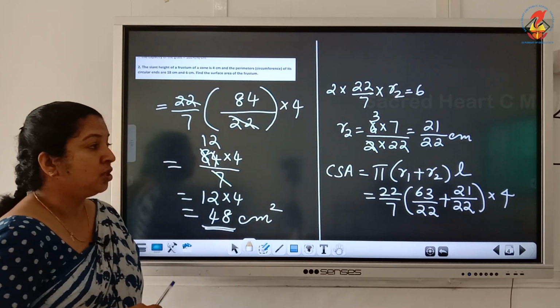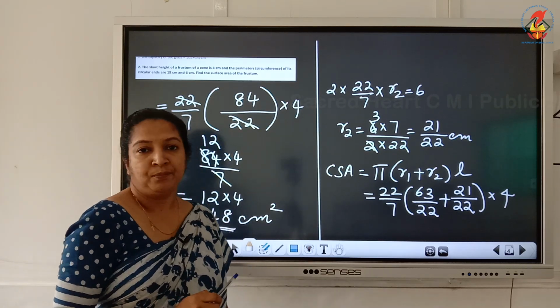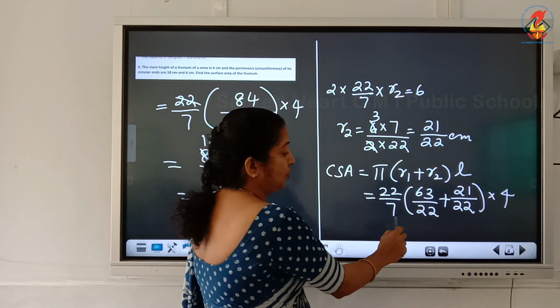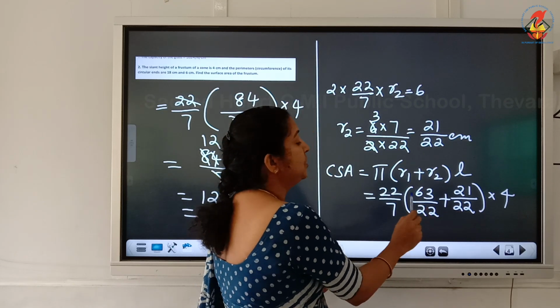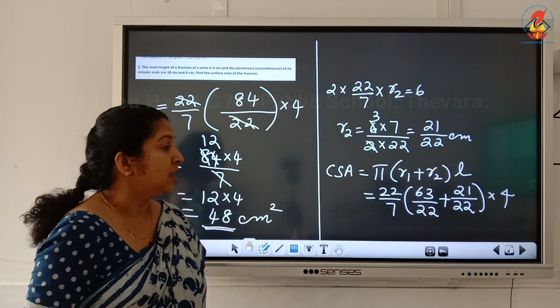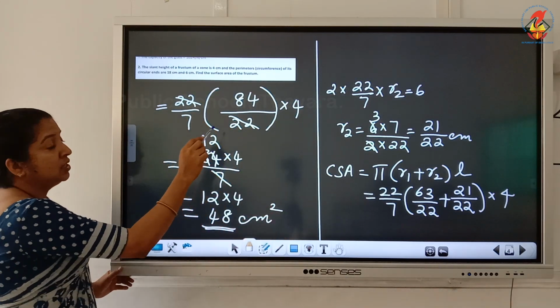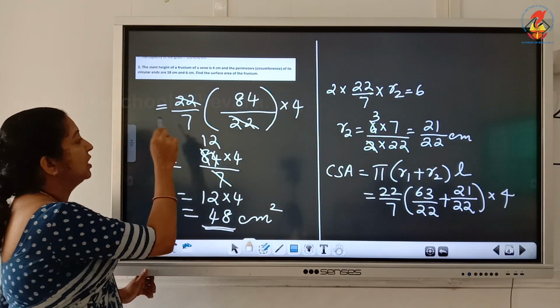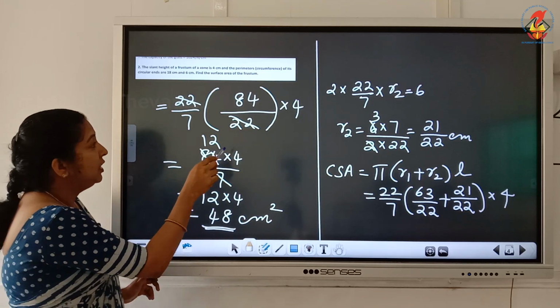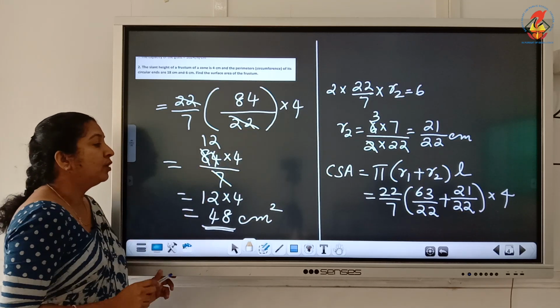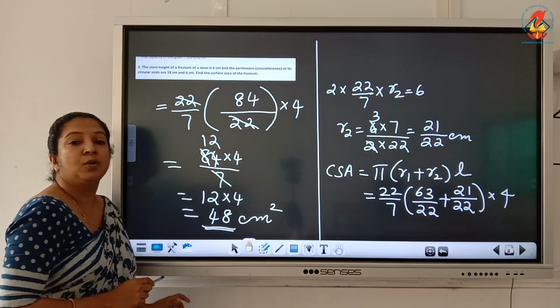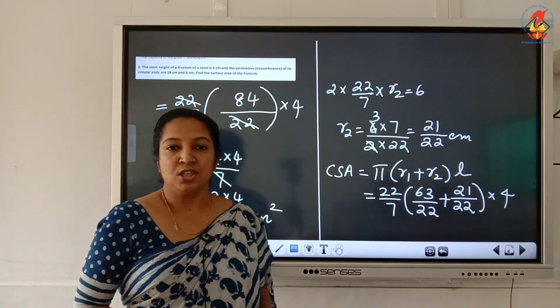CSA means pi into r1 plus r2 into L. So we have substituted 22 by 7 into 63 by 22 plus 21 by 22 into 4. So when we add that, we got it as 84 by 22. So we can cancel off both the 22s. Remaining we got as 84 into 4 divided by 7, which is equal to 48 centimeter square.